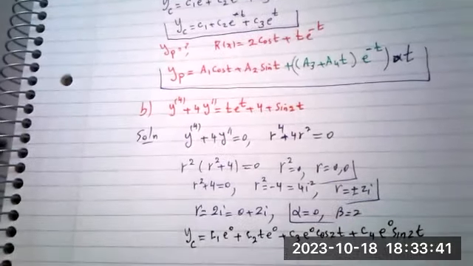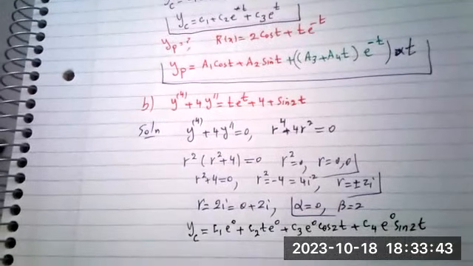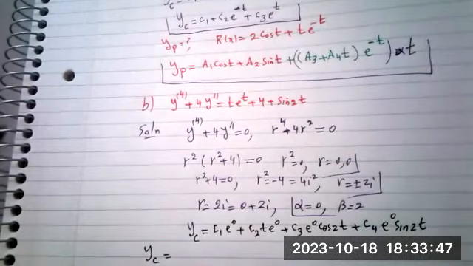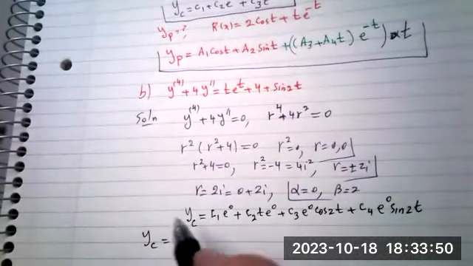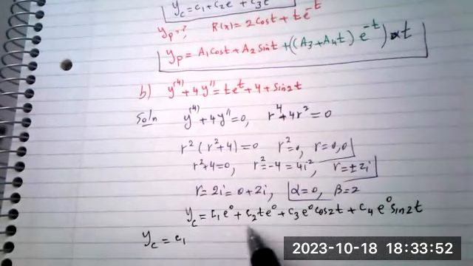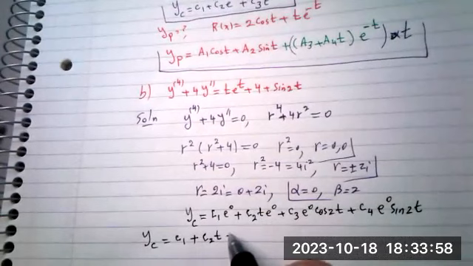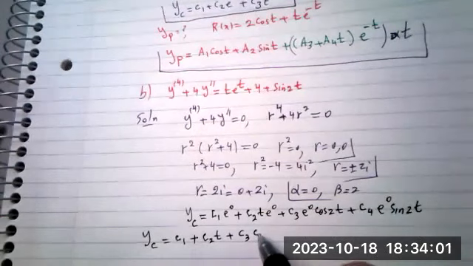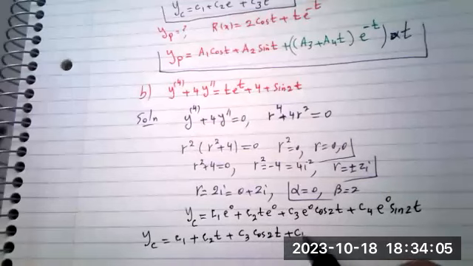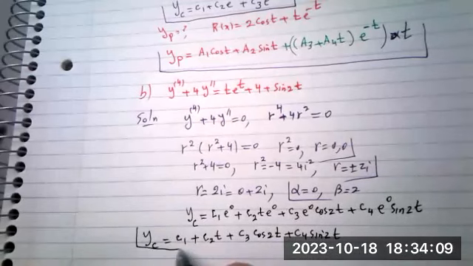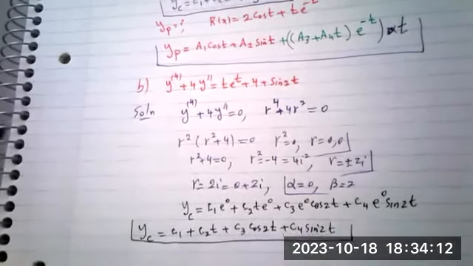If you're comfortable writing down those e to the 0 right away, we don't mind. So the final answer is this one: yc equals C1, since e to the 0 is 1, plus C2 t plus C3 cosine of 2t plus C4 sine of 2t. So this is going to be your yc.